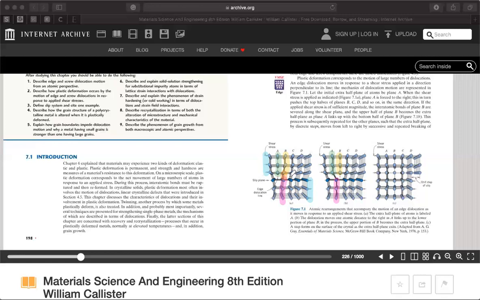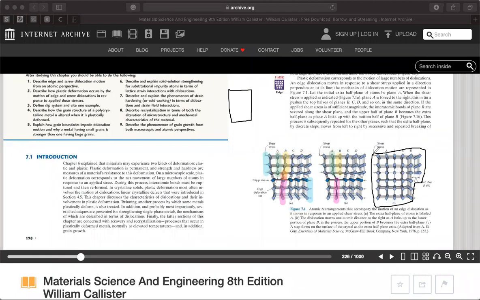And if you keep applying this shear stress, the dislocation will move from one point to another until it reaches the surface of the specimen. If you have a specimen that looks like this before you start any deformation, this is the way it is going to look after the deformation.